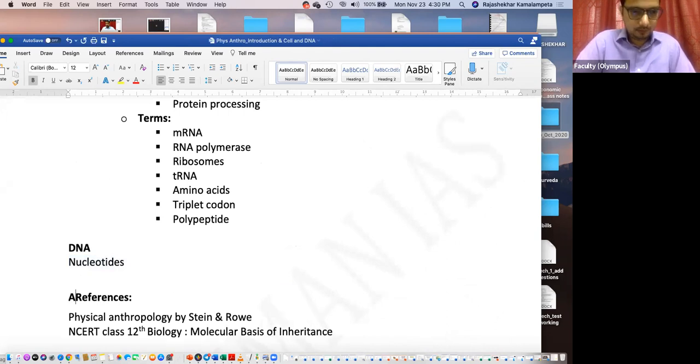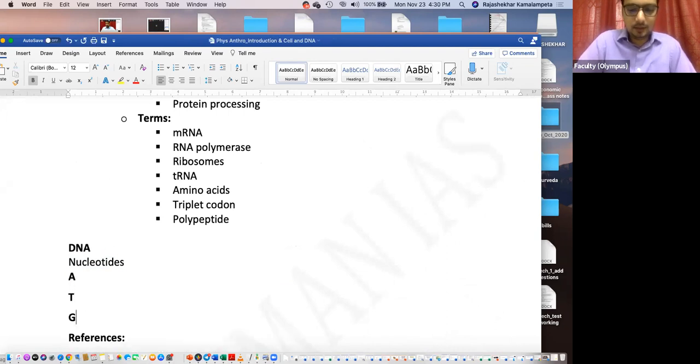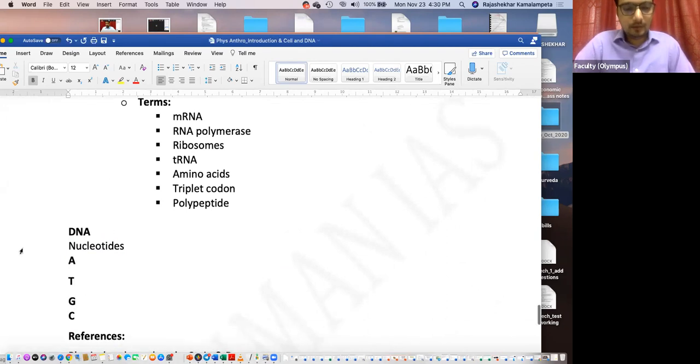A, T, G, C. But RNA is also made up of nucleotides, but instead of T, RNA contains U. So except this, the remaining three letters are common to DNA and RNA.